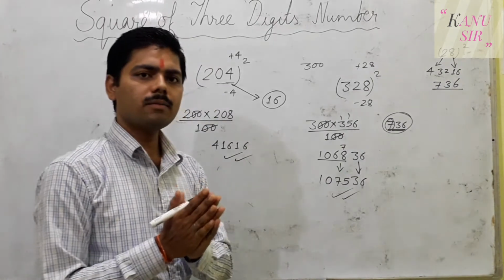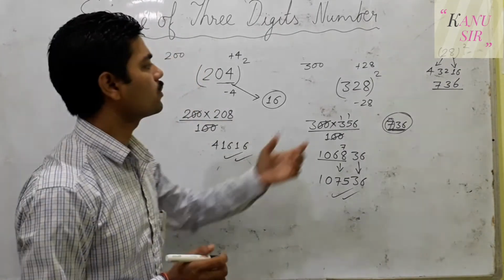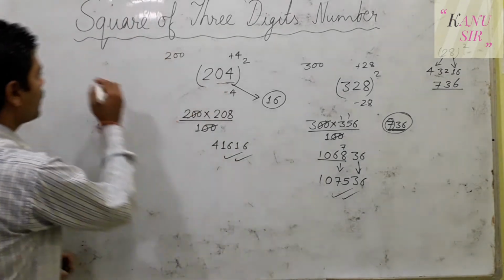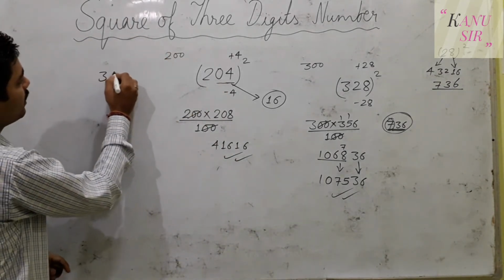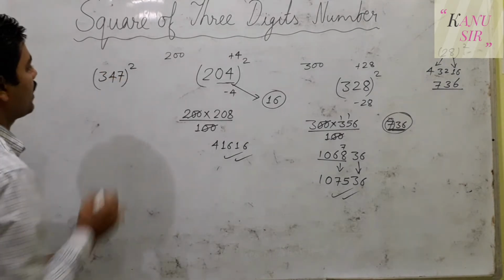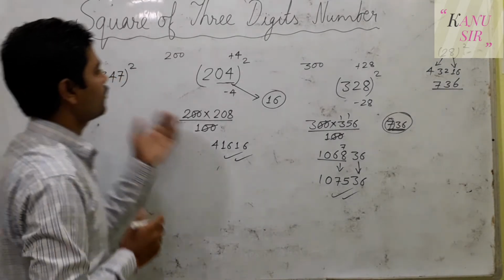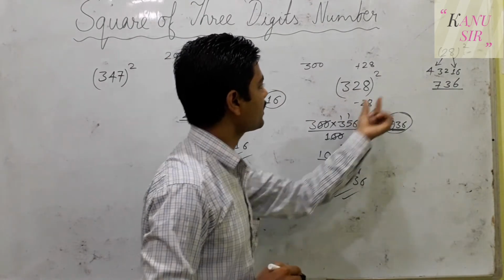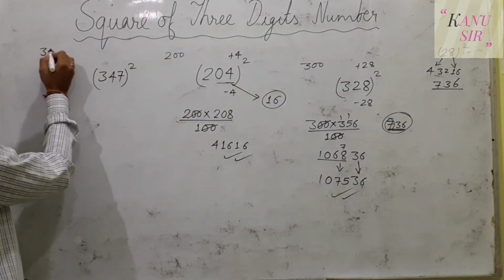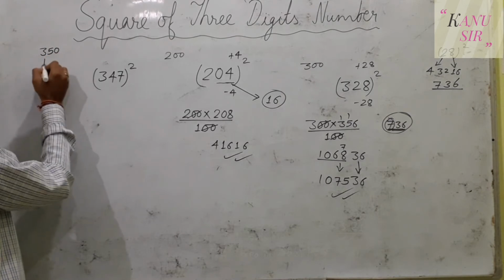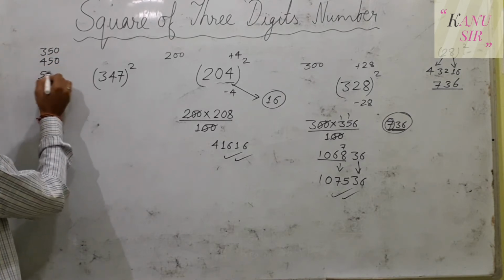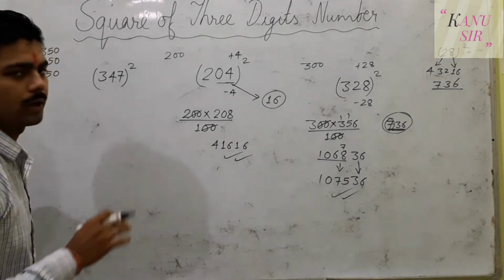But there is again one more hint for this type of bigger numbers, such as 347 and its square. Then again you will think that we have to do the square of bigger numbers like 28 here. Then I can give you a hint, like you can suppose the understanding numbers like 350, 450, 550 also here.